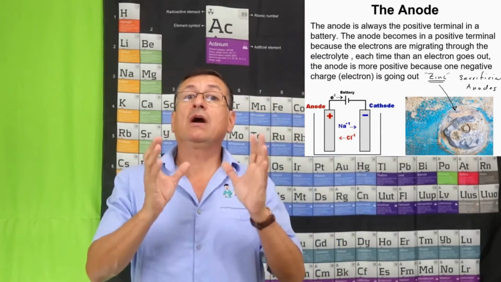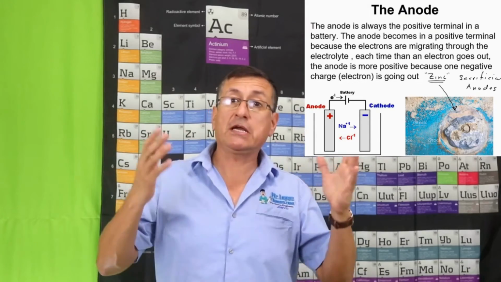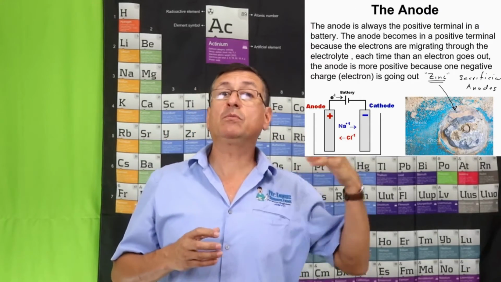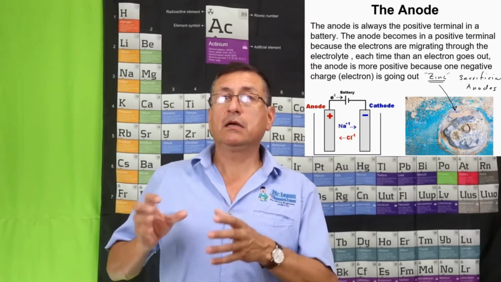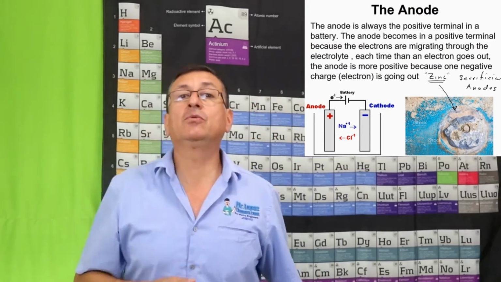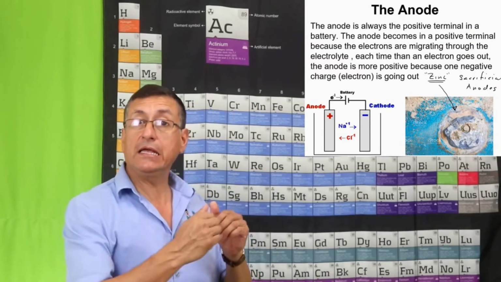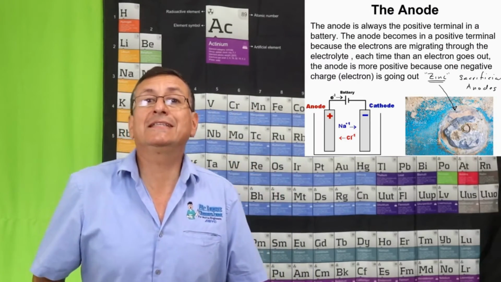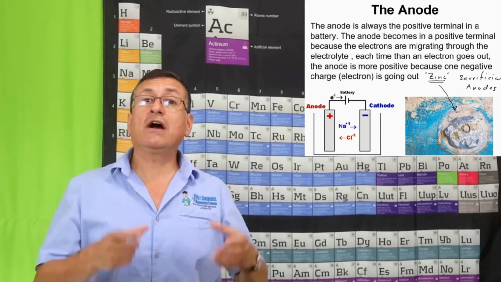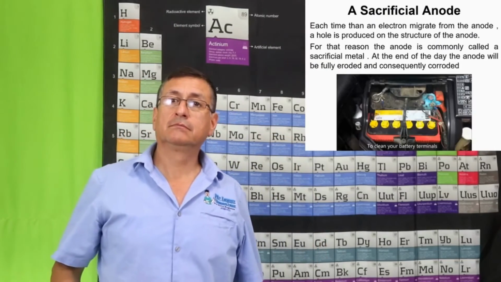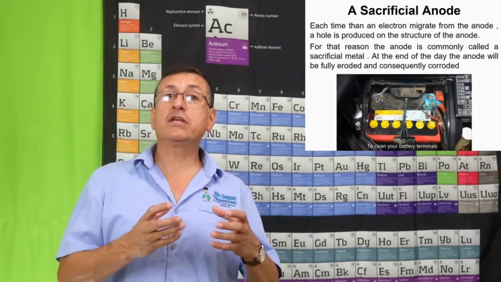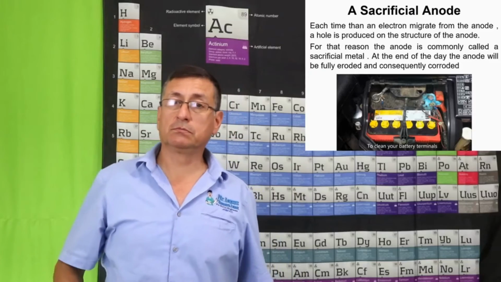Remember, when you have a molecule, for example aluminum oxide, the element with more energy, the oxygen, absorbs electrons. This is the cathode. And the element with less energy releases the electrons. This is the anode. In your battery, you have two terminals. One terminal releases electrons, and the other terminal absorbs electrons.